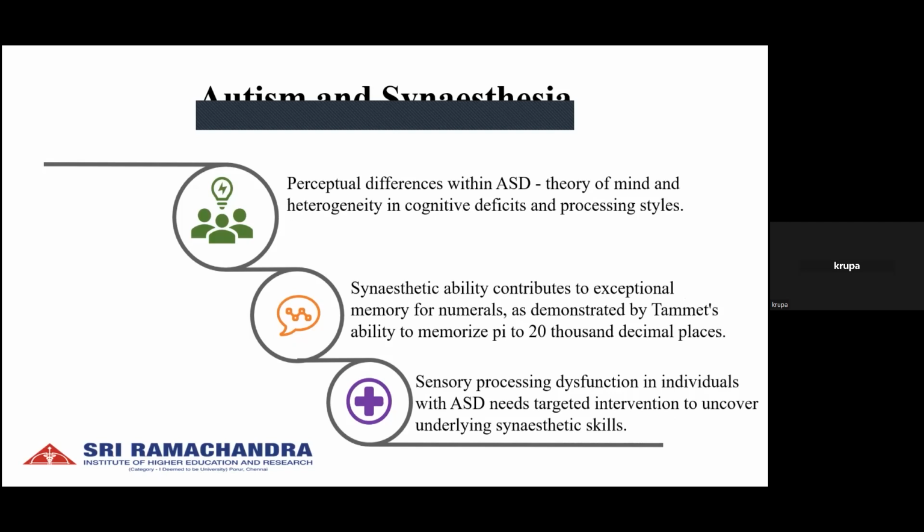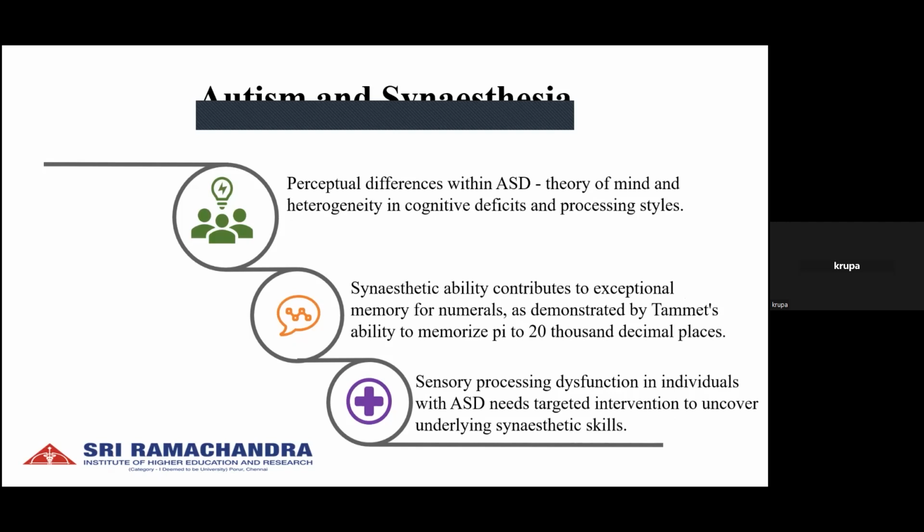Because of this difference in processing, although there are positive sides, there are also lacunas: they have different cognitive deficits and processing styles, and they lack what we call theory of mind. Theory of mind is knowing the other person's intentions. So those are some of the lacunas which this perception could also underplay.